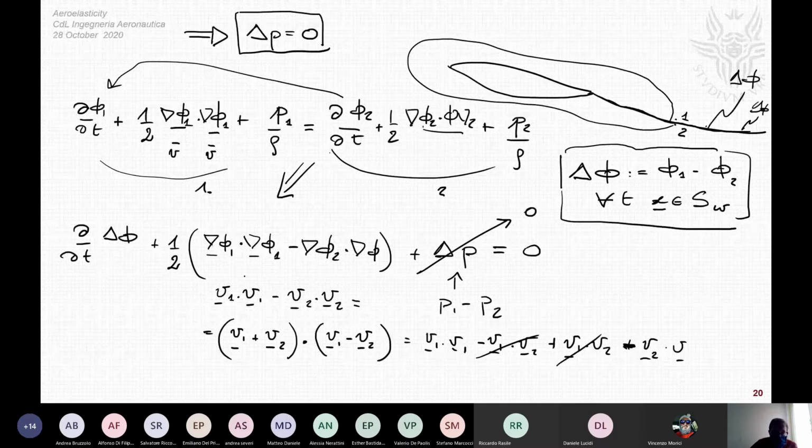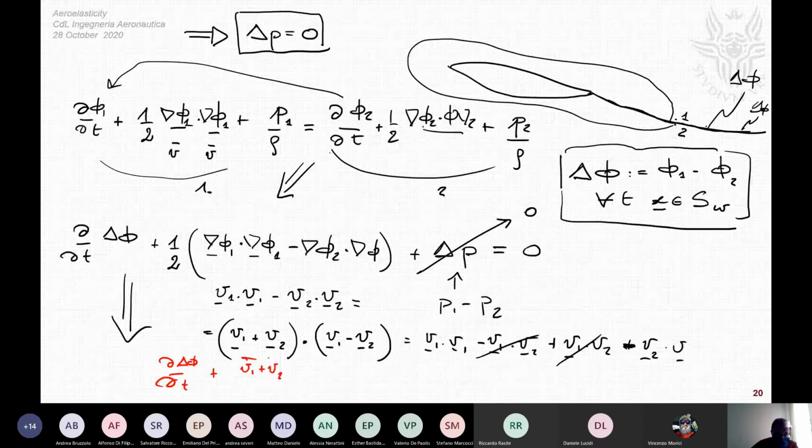And therefore, instead of this quantity, we can find this interesting relationship: the derivative of delta phi with respect to t plus (v1 plus v2) vector divided by 2, dot (v1 minus v2), equal to 0.